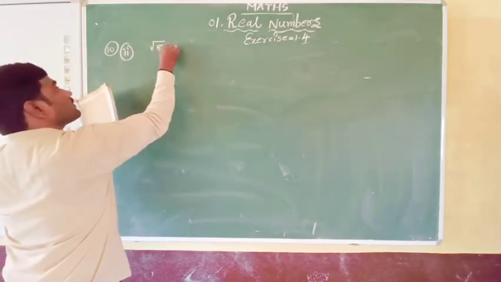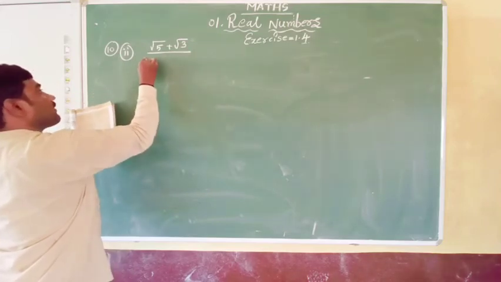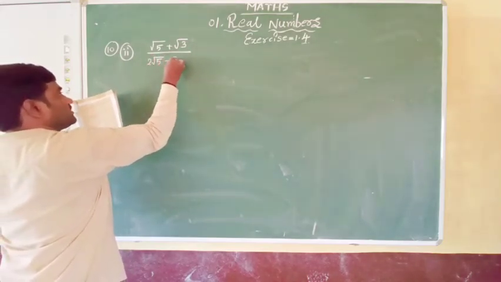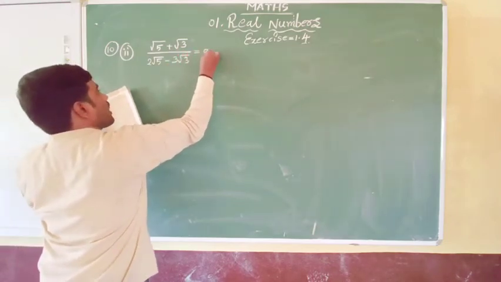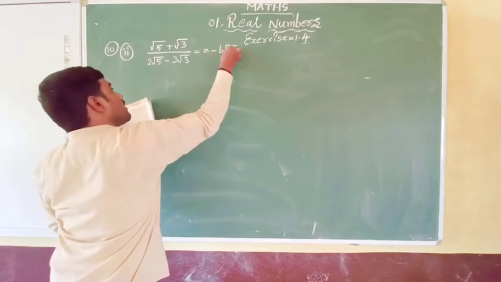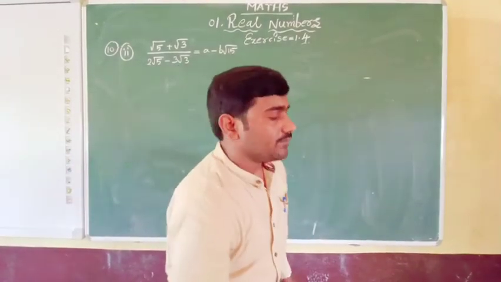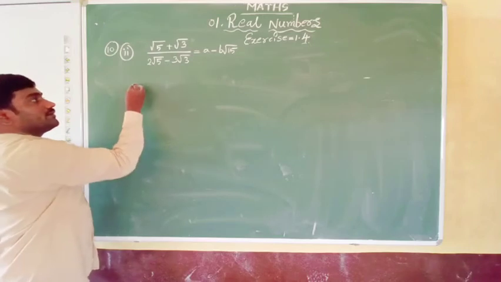Root 5 plus root 3 by 2 root 5 minus 3 root 3, that equal to a minus b root 15. Here let us find out the answer. So first of all let us rationalize this denominator.